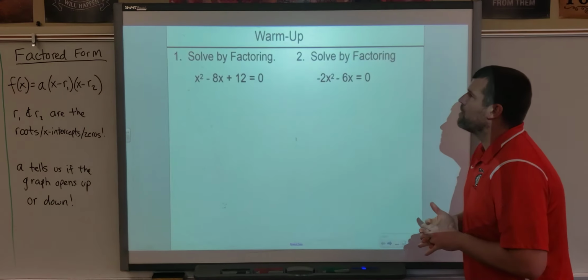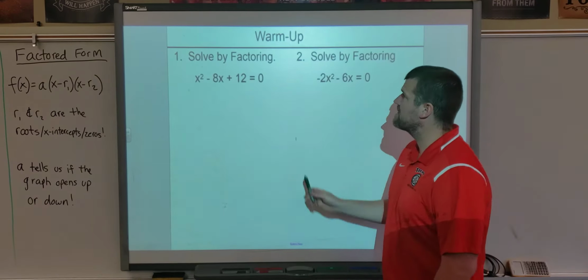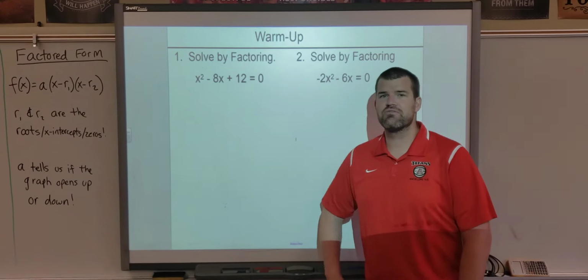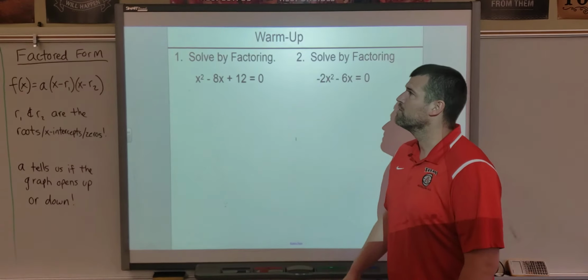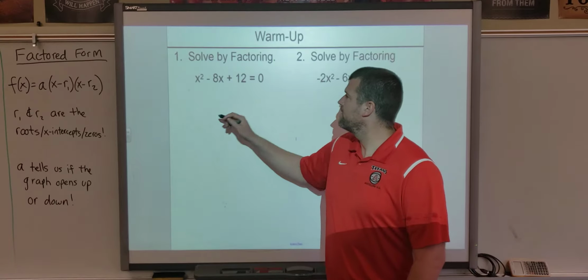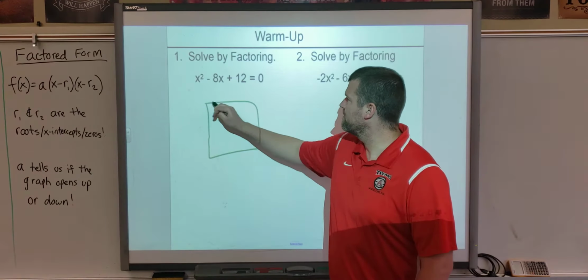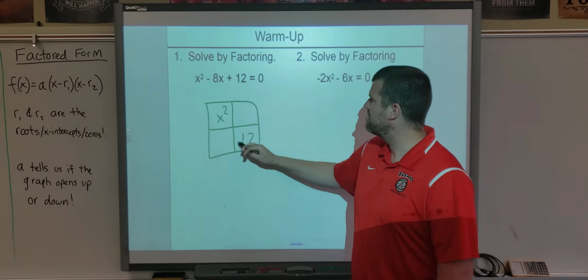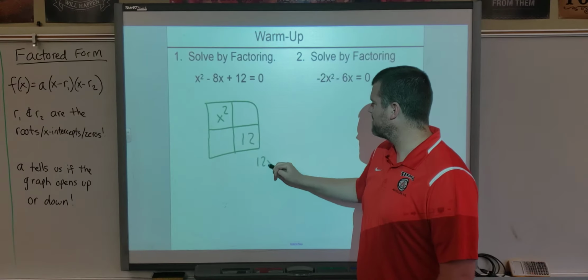All right, we're going to start with a warm-up today just to get us refreshed with solving by factoring. We're going to start graphing using factored form today, which, as you probably can imagine, has something to do with factoring. So if we factor this, we put our first term in the first box, last term in the last box, multiply those, and get 12x squared.